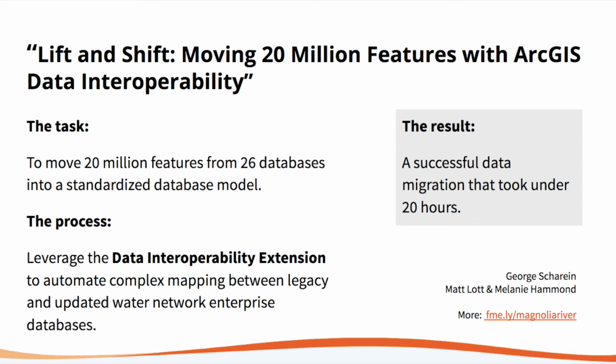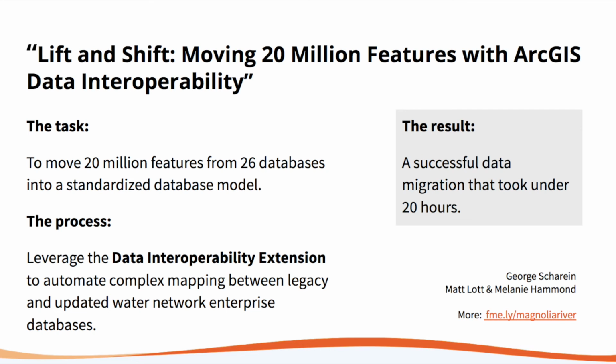So one of our presentations in this year's World Tour was "Lift and Shift 20 Million Features with ArcGIS Data Interoperability." ArcGIS Data Interoperability is FME technology inside the Esri applications. George Sherian of Magnolia River described how they migrated 20 million water utility features between 40 different databases for American Water.